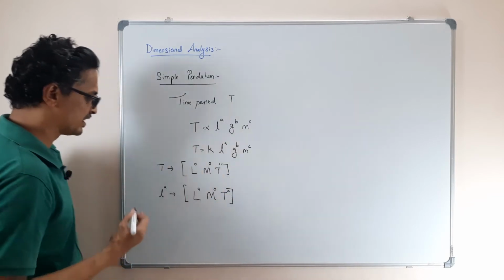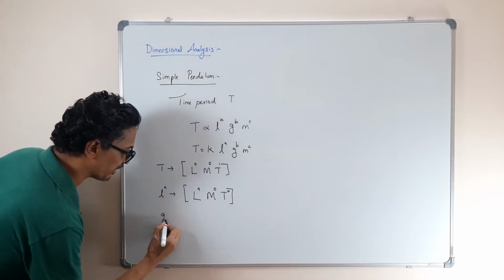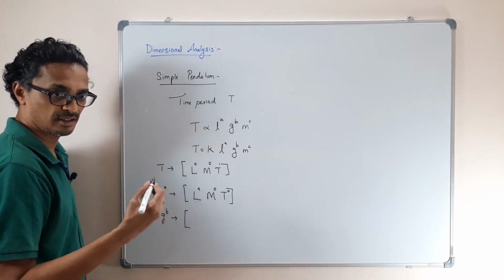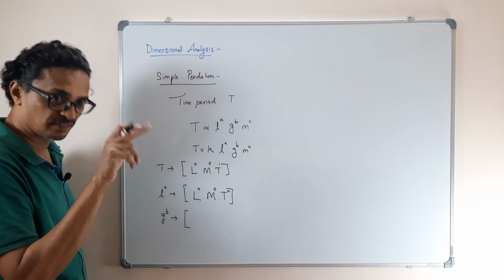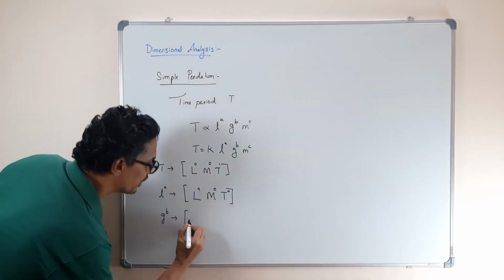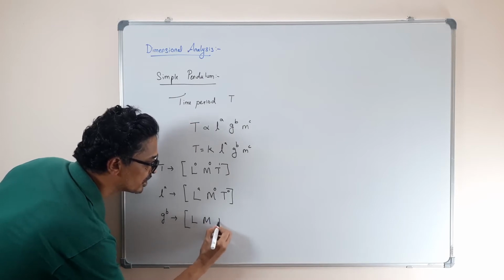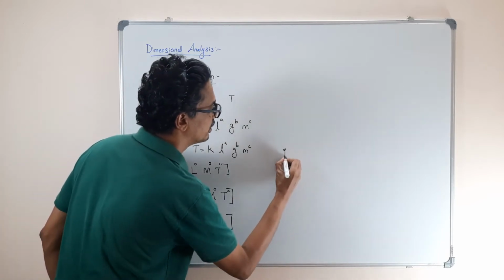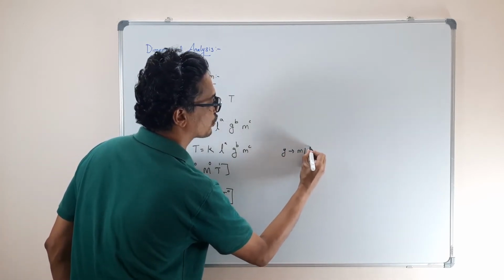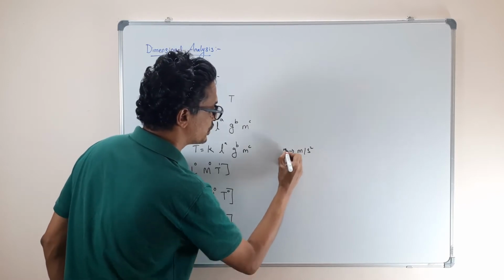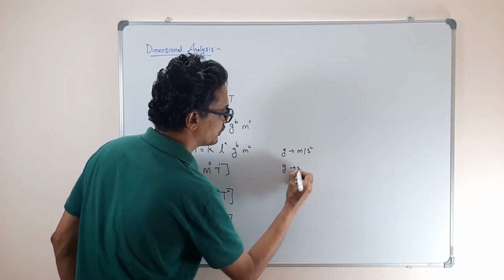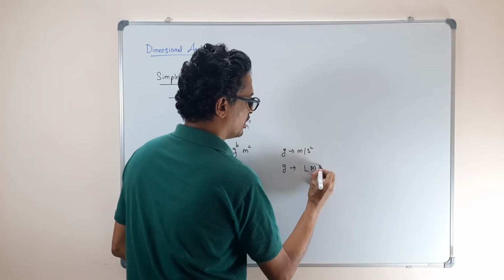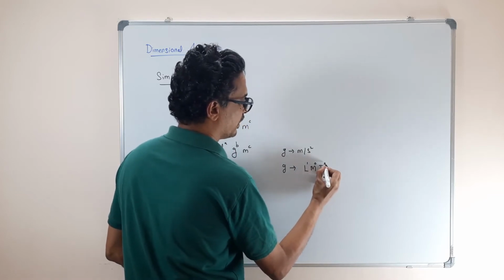Okay, and let me go for G. You know G is what? Acceleration due to gravity, correct? G power B. You remember what G is? Acceleration unit is meter per second square. So meter means length 1, time will be -2, correct? So G will have a dimension of L1, M0 and T minus 2.